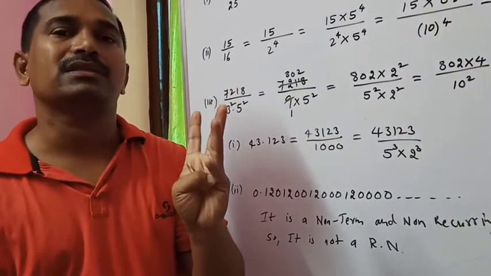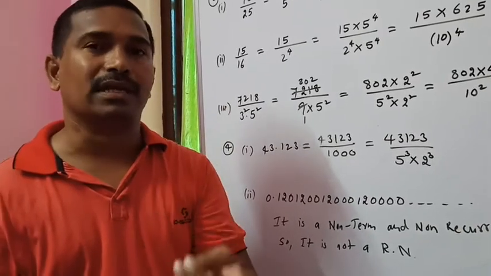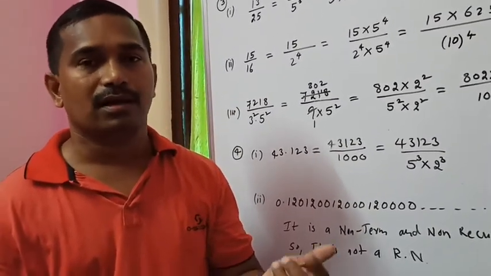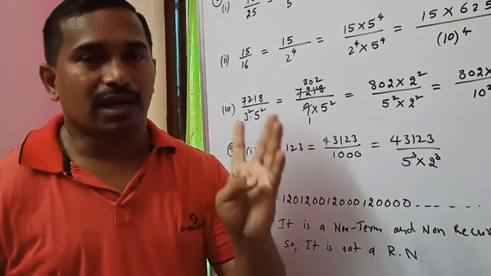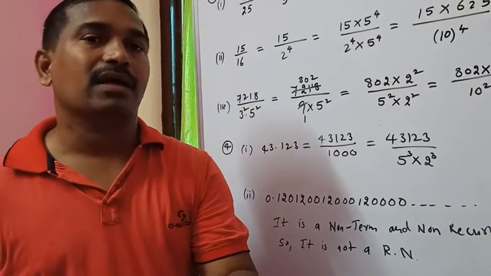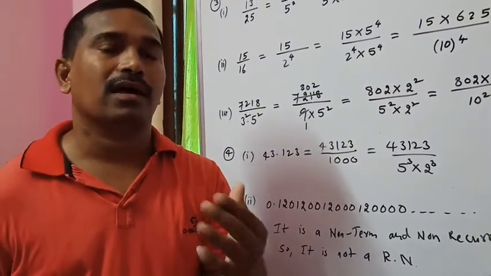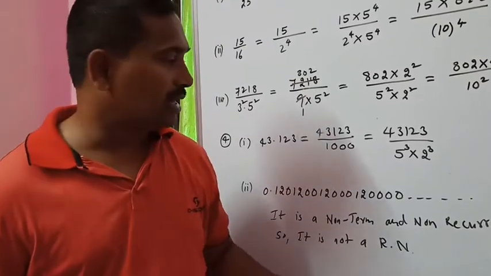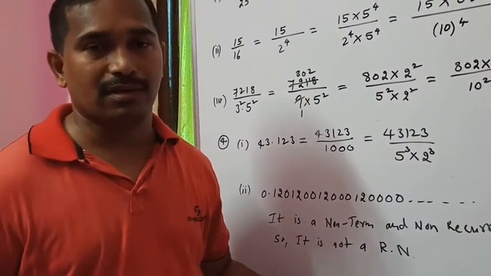If the decimal is non-terminating, repeating, we can convert into P by Q form, that is a rational number. So terminating decimals and non-terminating recurring decimals are rational numbers. Okay, so do the last two problems, already I explained.